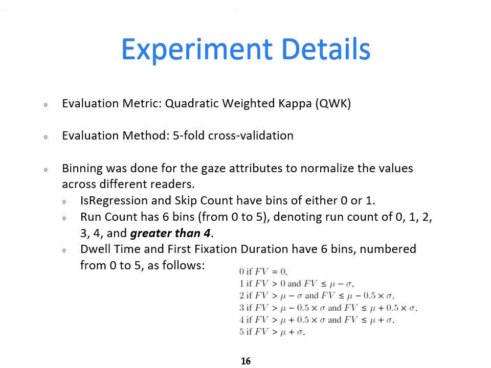It is 0 if the fixation value is 0, which means that the reader hasn't fixated on that interest area. And it is 1 if it is between 0 and mu minus sigma, 2 if it is between mu minus sigma and mu minus 0.5 sigma, and so on. Here mu denotes the mean value for the fixations, and sigma denotes the standard deviation for the fixations for a given reader.